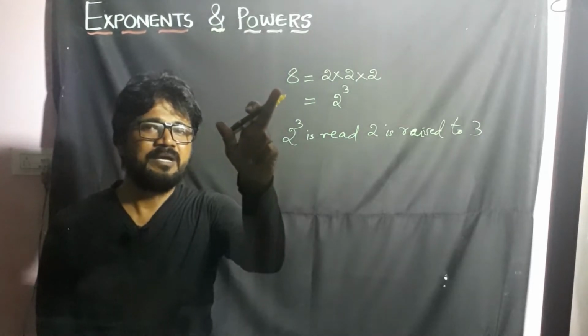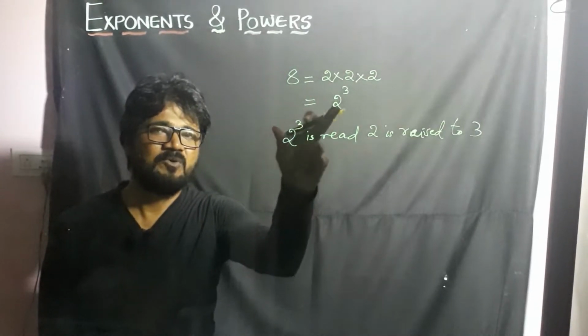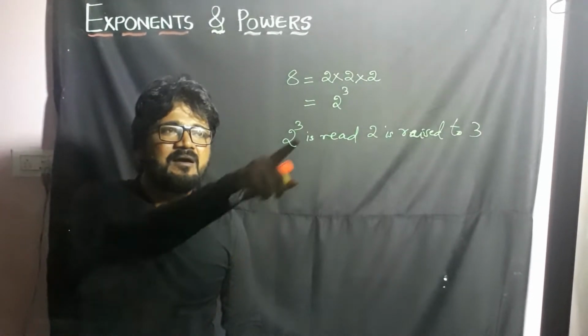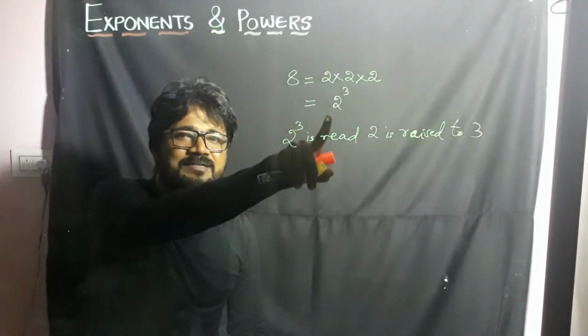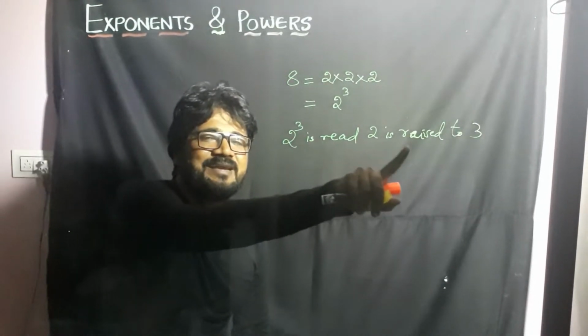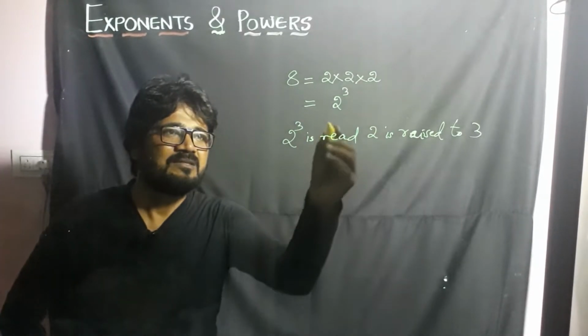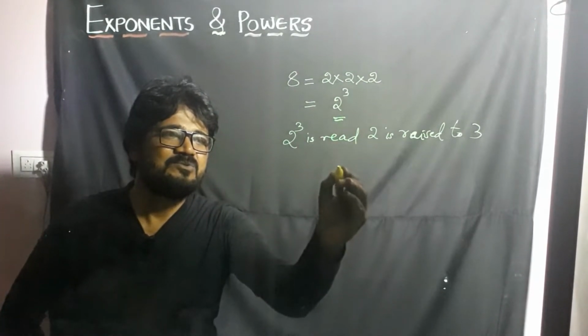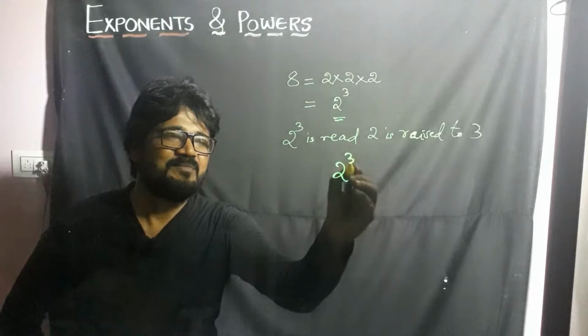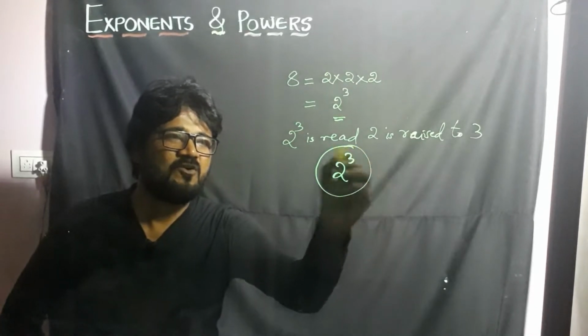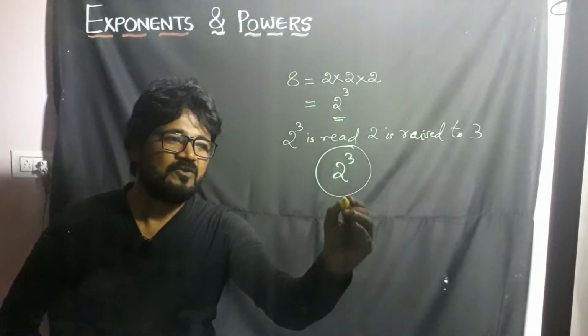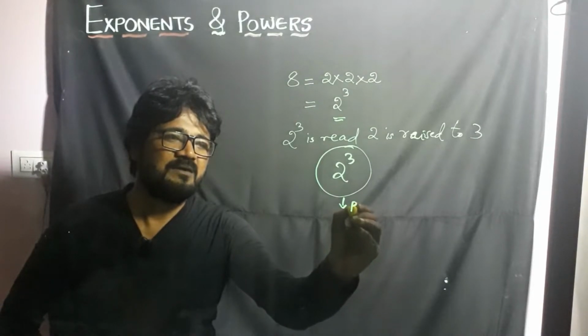Here, the value 8 has been written as 2 to the power of 3, and this format we are going to call 2 is raised to 3. Now, the question arises, 2 to the power of 3 means what? This total format is said to be a power.